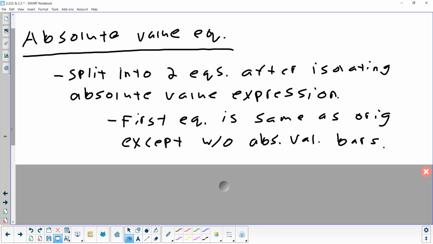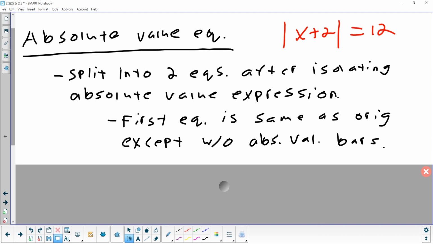But before we split it, we have to make sure the absolute value expression is isolated on one side. This is what I mean by isolated. In that case, the absolute value is isolated because there's nothing outside the bars on the same side. Everything is inside the bars.